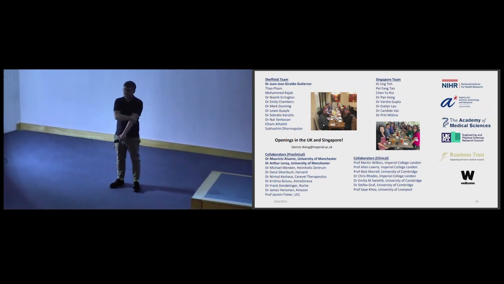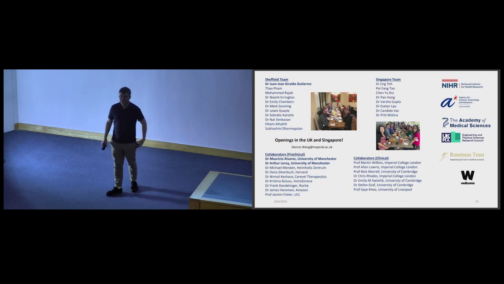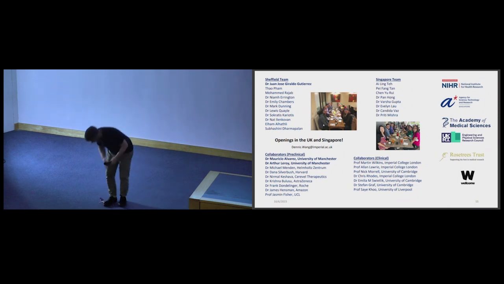Yeah, thanks for that question. It's also my interest as well. The division between the UK and Singapore groups is that the UK group focuses more on disease cohorts, and the Singapore group focuses a little bit on younger, middle-aged cohorts and even children to try to find early markers of disease.